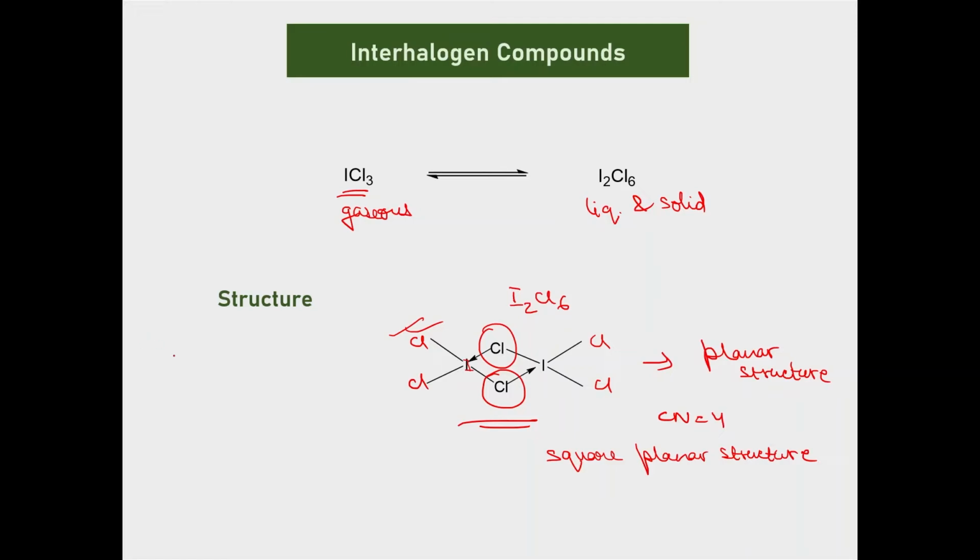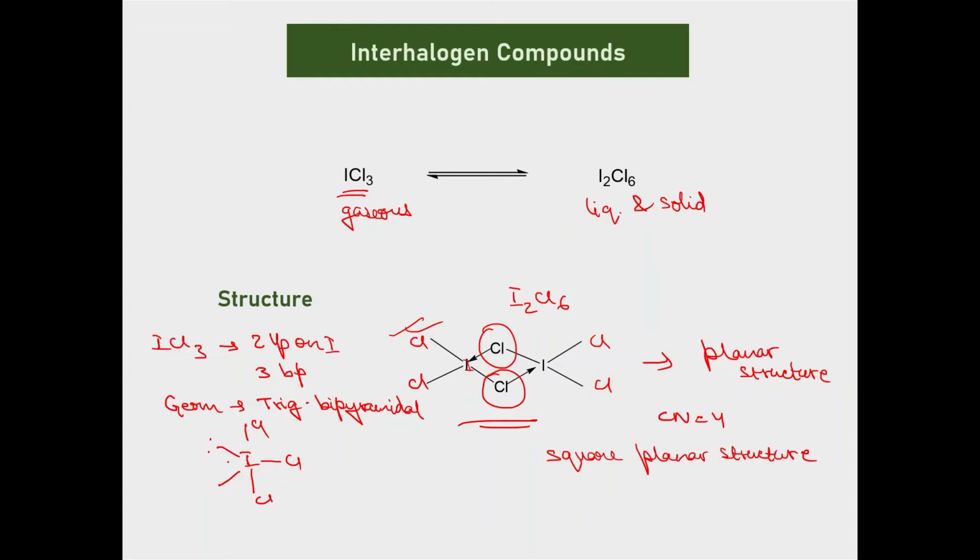If it existed as ICl3, then because of the presence of two lone pairs on iodine and three bond pairs, the geometry would have been trigonal bipyramidal, and the shape would have been I with 3 Cl and two lone pairs here.